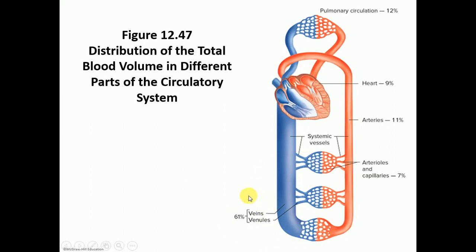You'll find that 60% of our blood resides in the venous end, while the remaining part is scattered, where your heart gets about 10% and the rest of the body gets the rest, depending on the needs. But again, the majority of our blood is in the veins and venules, and that's why we consider veins blood reservoirs.